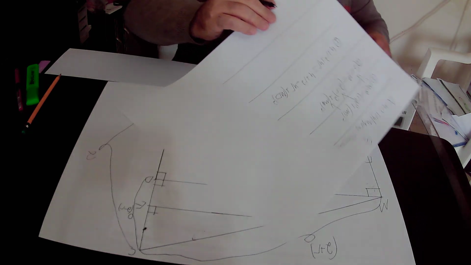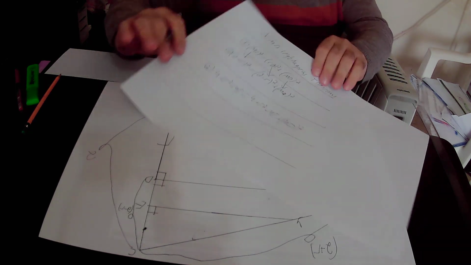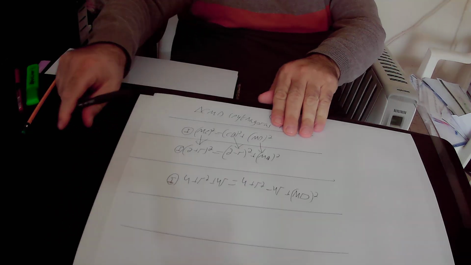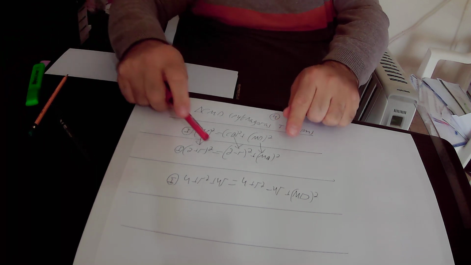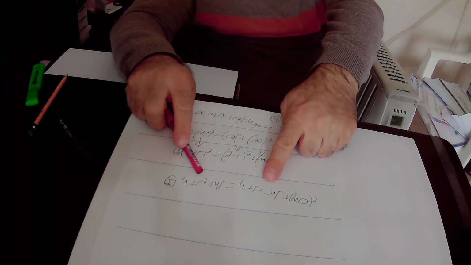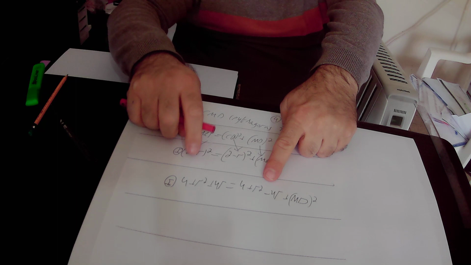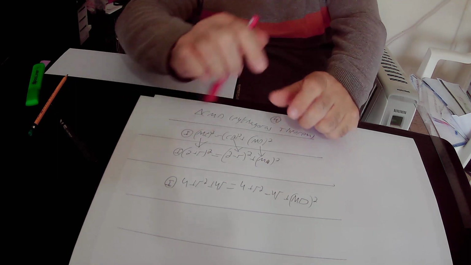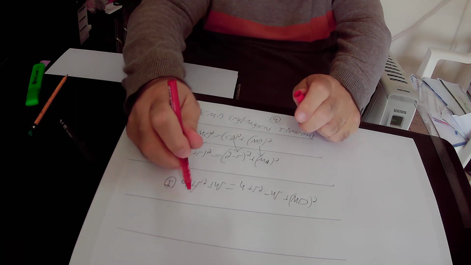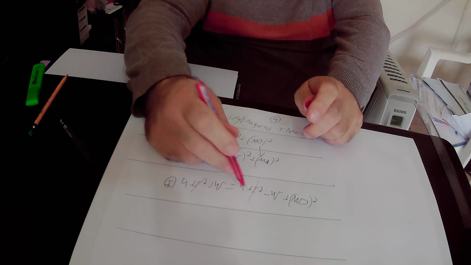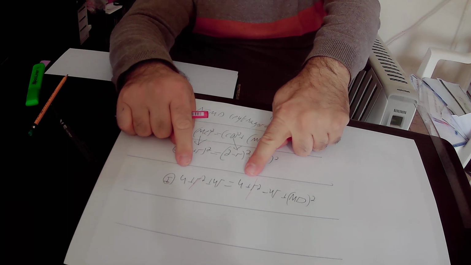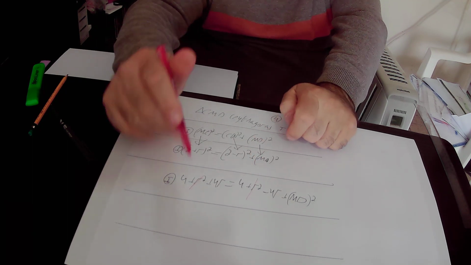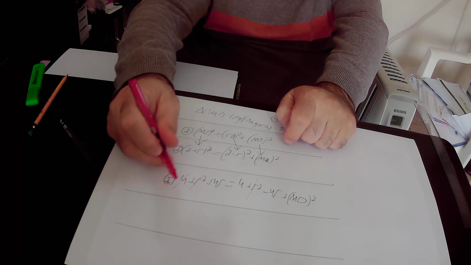So we have R square on both sides, so R square will get cancelled, and we also have 4 on both sides, so 4 will also get cancelled.